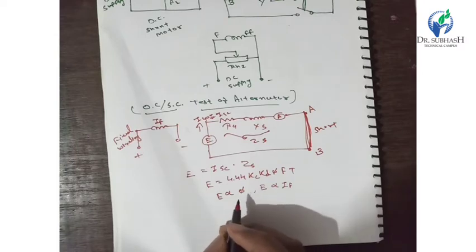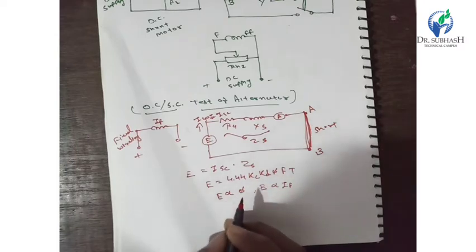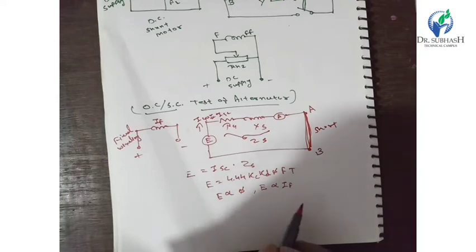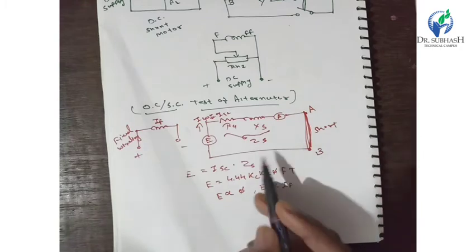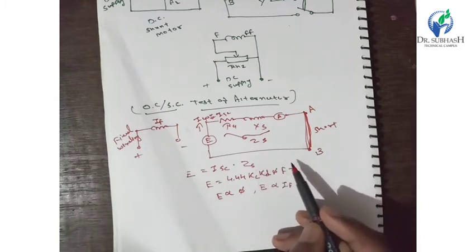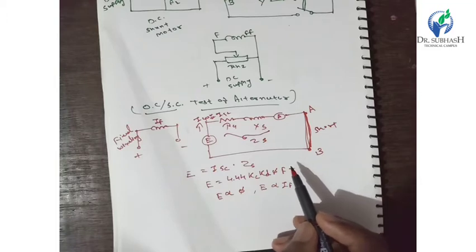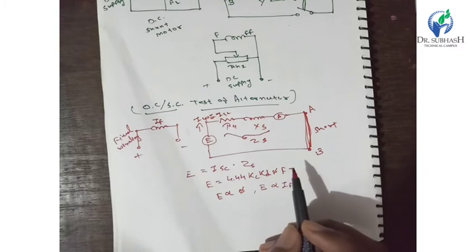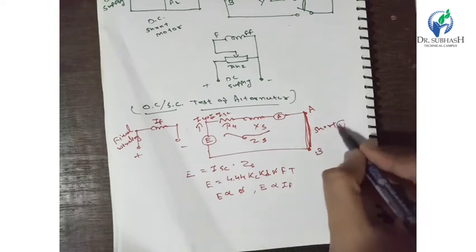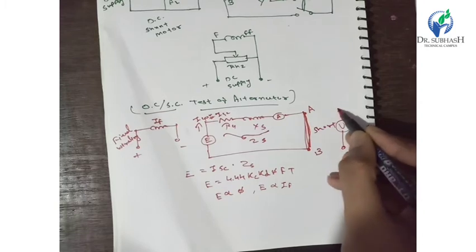Now if we maintain the field current IF constant, the field current is responsible for circulating the rated current ISC. Now remove the shorted link across AB, and the EMF E will remain the same. Since the link is removed, we can connect the voltmeter across the AB terminals to read the voltage. So here we connect the voltmeter at point A and point B.